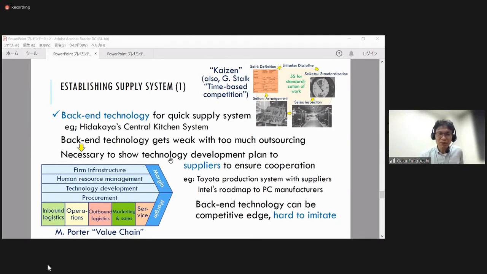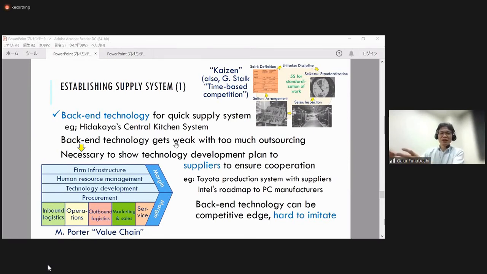And back-end technologies, again, if you outsource that part, it gets weak. It cannot be the source of competitiveness. It is like when I explained the business system, I compared the business system of Hitachi toasters and Bermuda toasters.